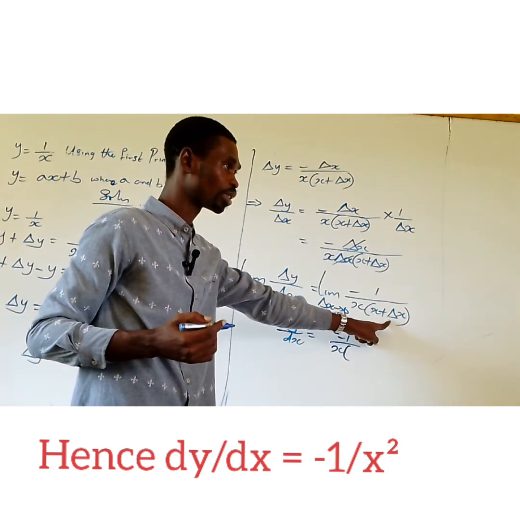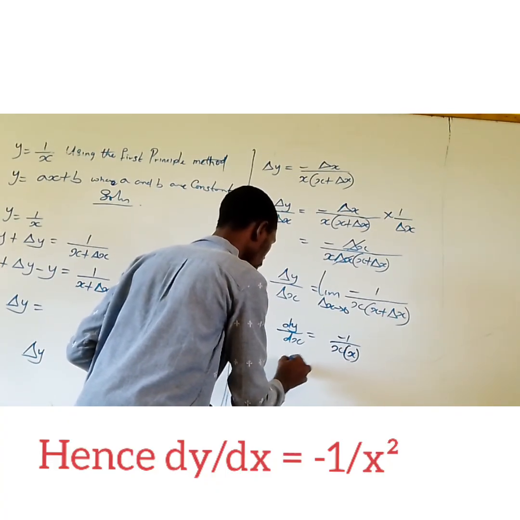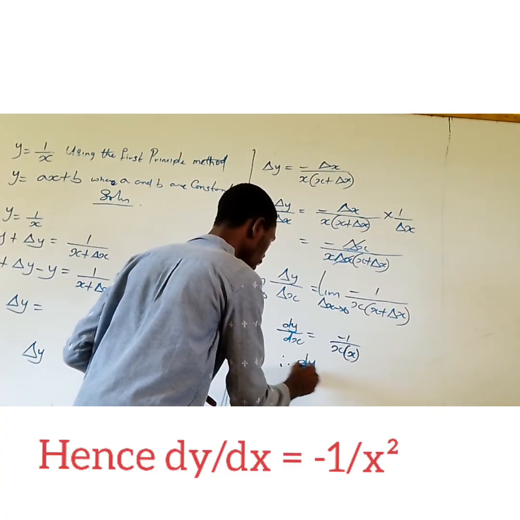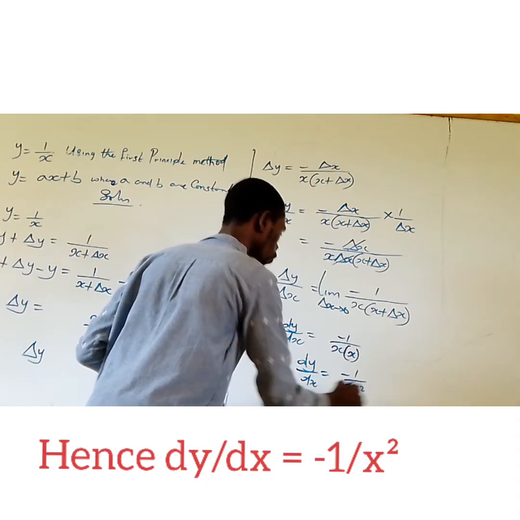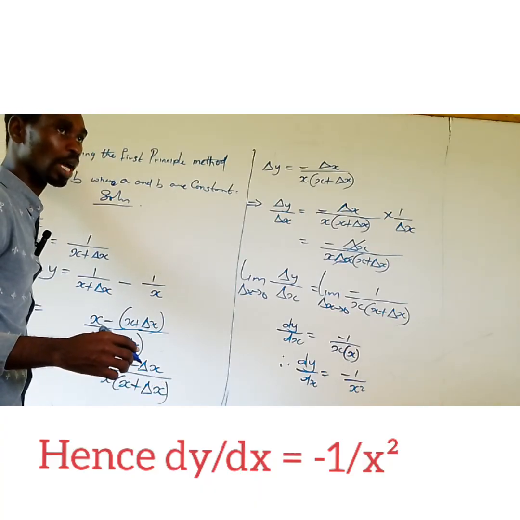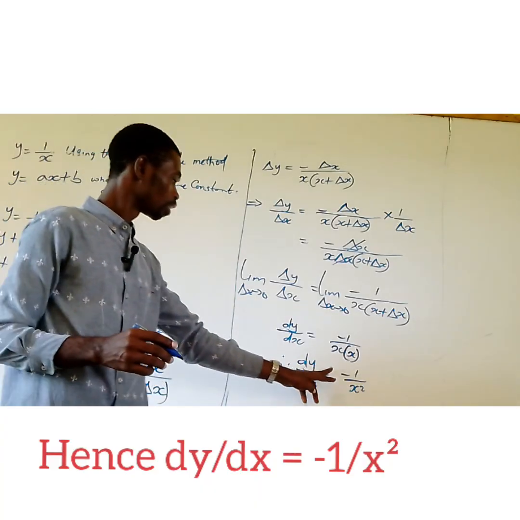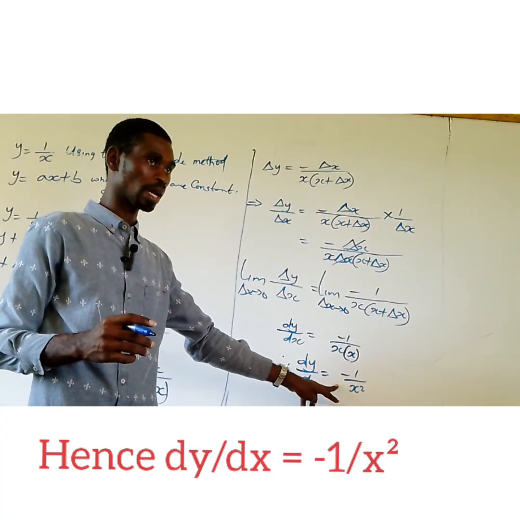So that's x plus 0. So here we have x, and finally dy dx equals minus 1 over x squared. So if y equals 1 over x, then dy dx equals minus 1 over x squared.